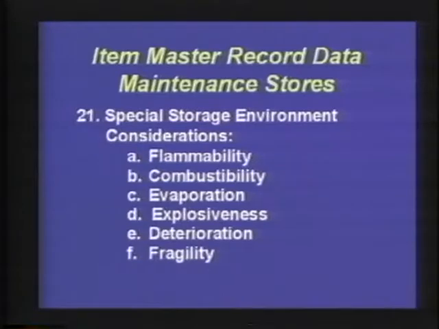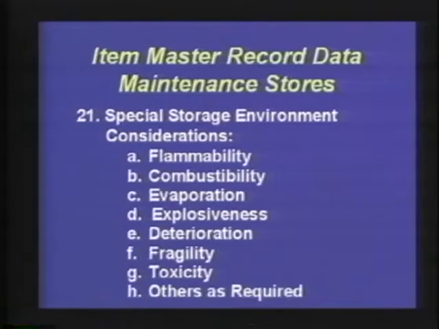And other things that are fragile, as indicated by F, which could be glazing material or other types of containers that are glass made, would also require special storage and handling. And then we'd have toxicity and any other element that is associated with the unique storage characteristics for the storeroom.